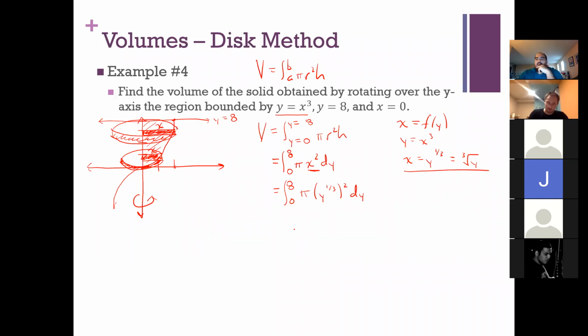I think that's a good place to stop and make sure we're all okay with it. Any questions about how we got here? And are we okay with the differences from revolving around the x-axis to revolving around the y-axis?